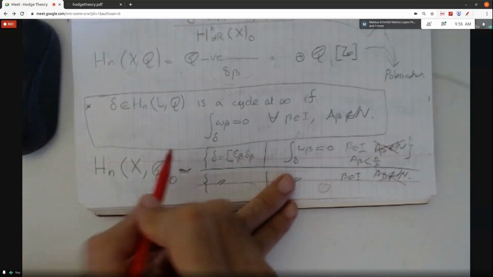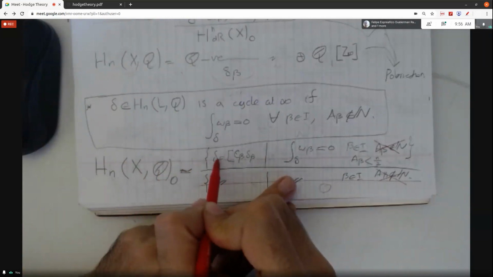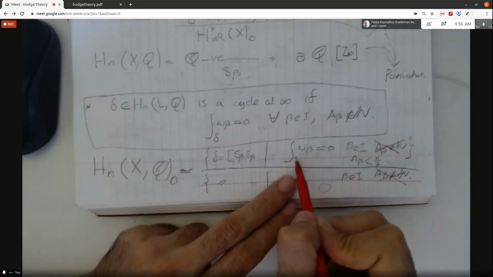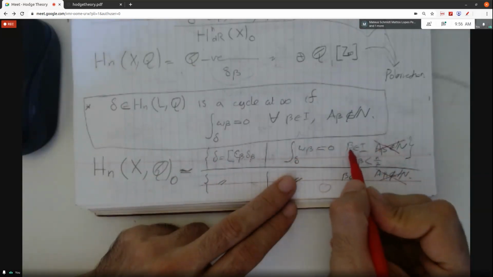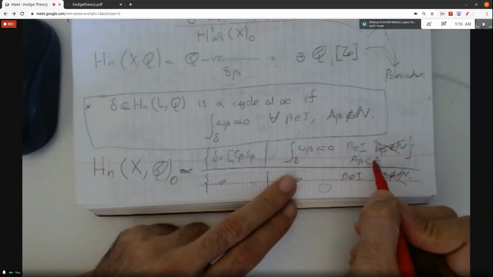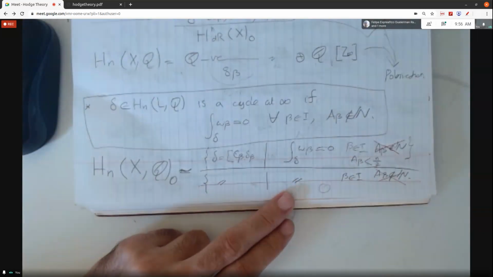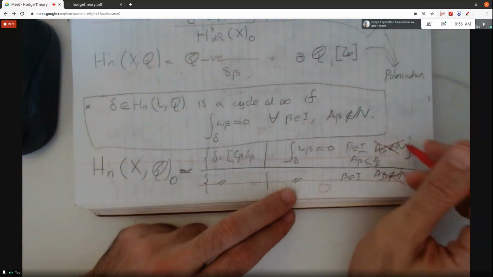And at the end of the day, the space of primitive Hodge cycles will be delta such that the integral of omega beta over delta equals 0 for all beta in I such that a beta is less than n over 2, without this restriction.